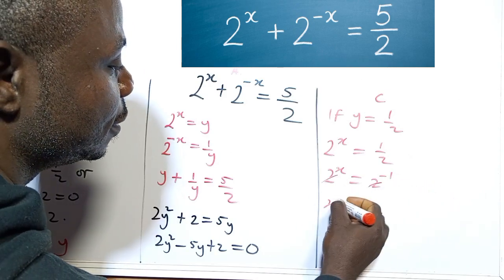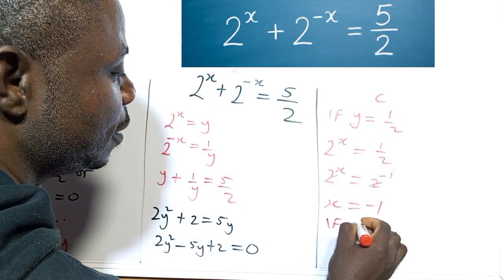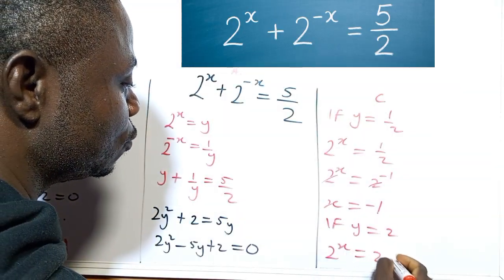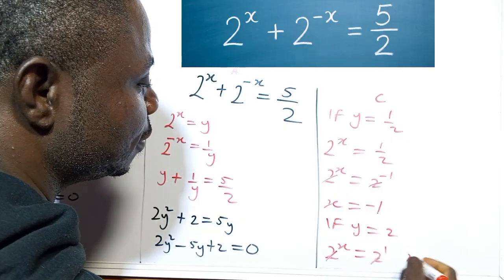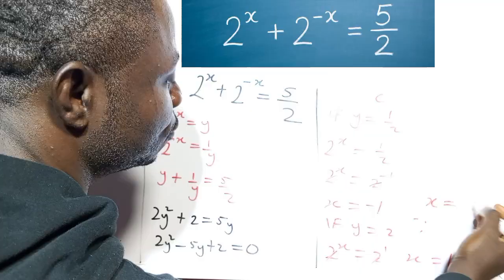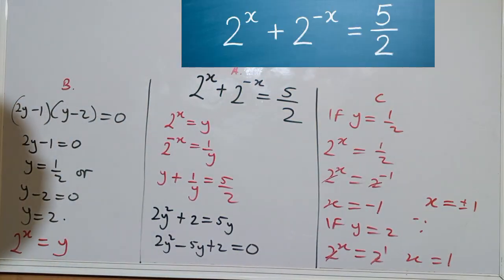Now, s is equal to minus 1. Now, if y is equal to 2, then 2 raised to power s is equal to 2, then s is equal to 1. Therefore, s is equal to plus or minus 1. Did you see that?